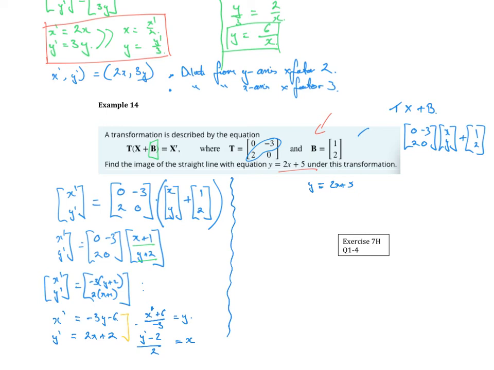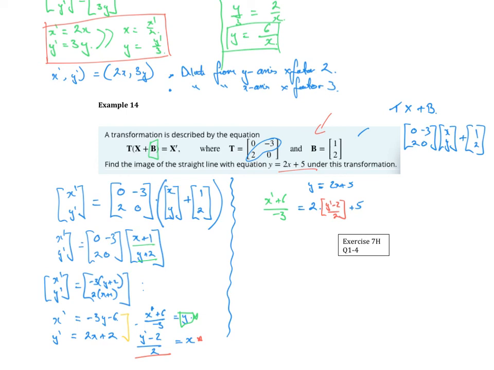So now I can substitute those values in for x and y. The y expression here in green is equal to x dashed plus 6 over negative 3, equal to 2 times, in red, the x expression, y dashed minus 2 over 2, plus 5. Yeah, so I've substituted in the y value, substituted in the x value.